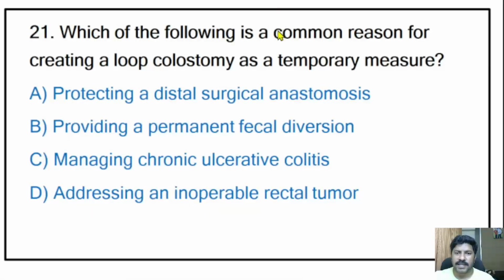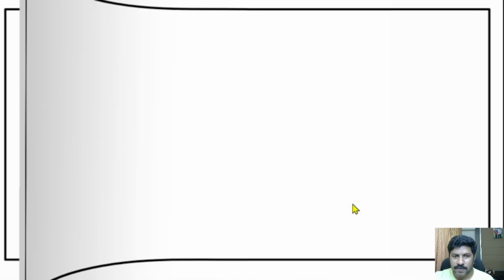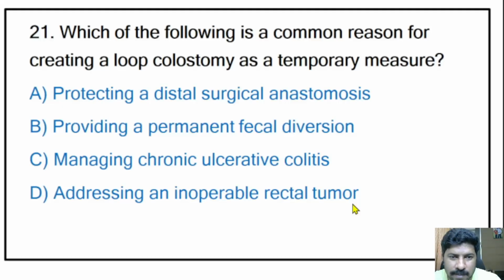Which of the following is a common reason for creating a loop colostomy as a temporary measure? Protecting a distal surgical anastomosis, providing a permanent fecal diversion, managing chronic ulcerative colitis, addressing an inoperable rectal tumor. Correct answer: loop colostomy is usually used for temporary reasons. So you need to find out which is temporary. Here the loop colostomy is used for protecting a distal surgical anastomosis.